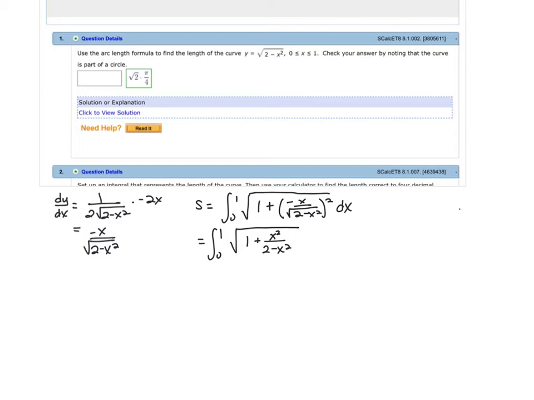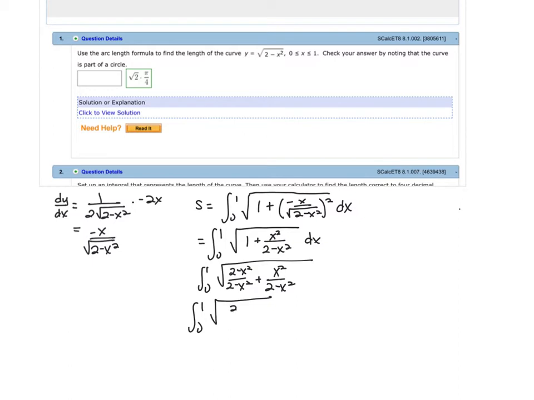Now, the way that we want to go about this is to simplify as much as we can by making one fraction for what's underneath the radical. I lost my dx. So we'd get 2 minus x squared over 2 minus x squared plus x squared over 2 minus x squared.